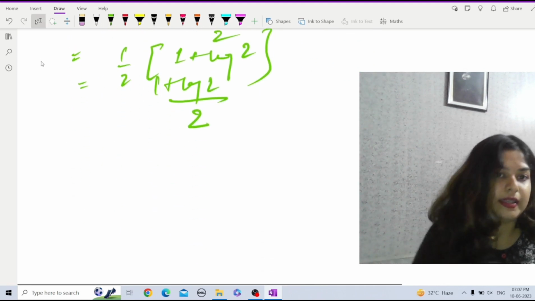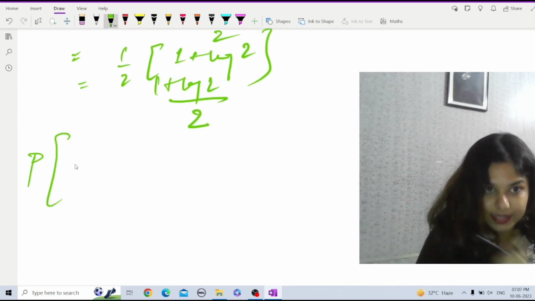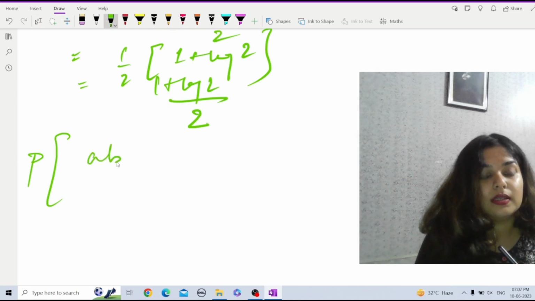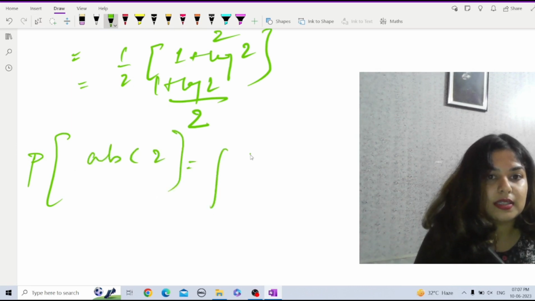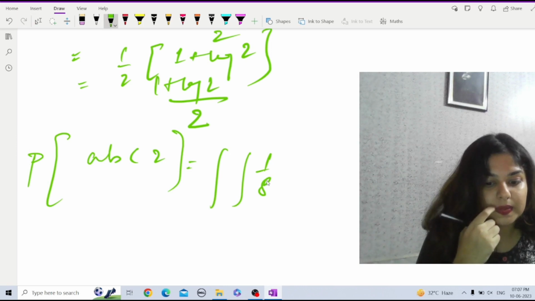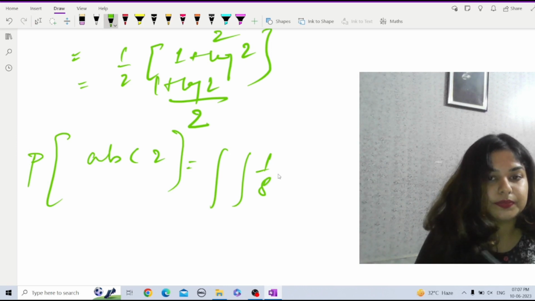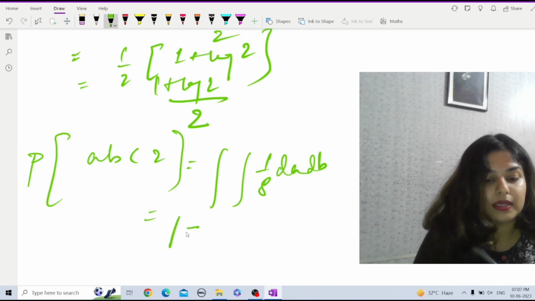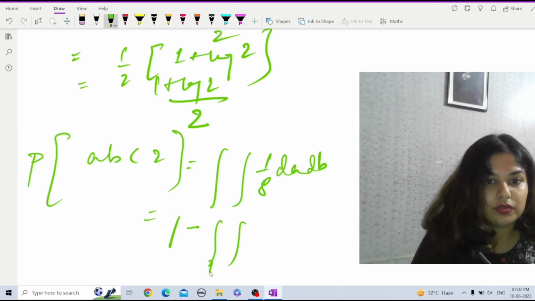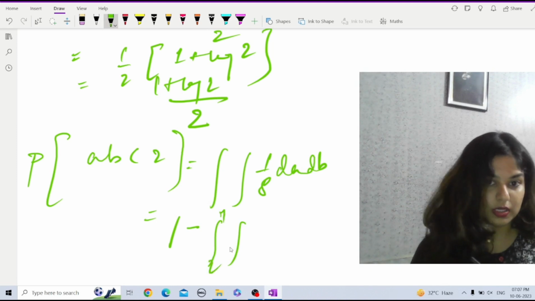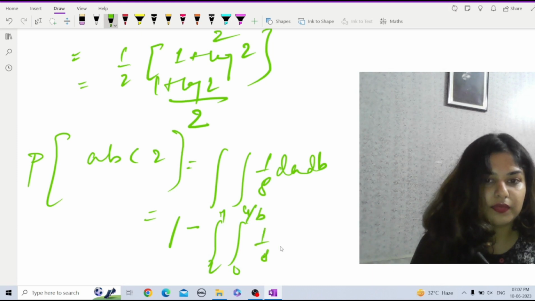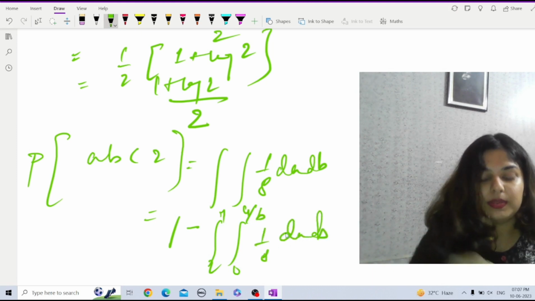Now we have to calculate the probability of the area where AB is less than 2. That is integration 1 by 8 dA dB, which equals 1 minus integration 2 to 4, with A from 0 to 4 by B, of 1 by 8 dA dB.